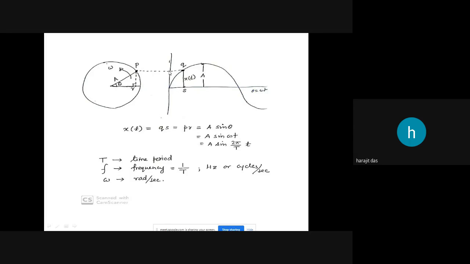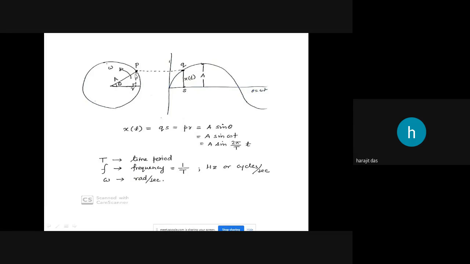This vertical distance is x, and as it is a function of time, it is written as x of t. So what is x of t? It is equal to QS, or instead you can write PR. QS or PR. I have written PR.